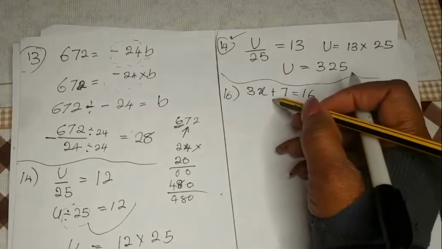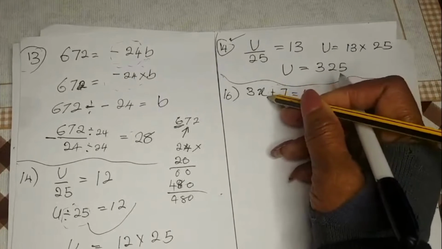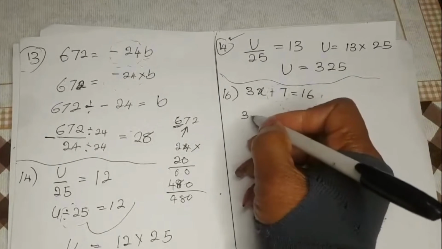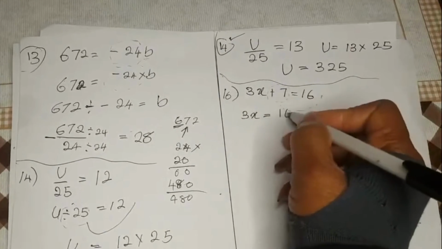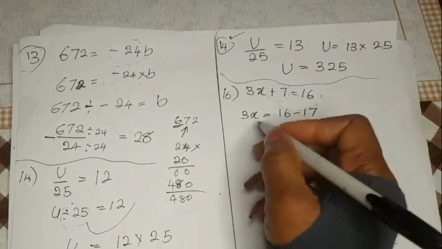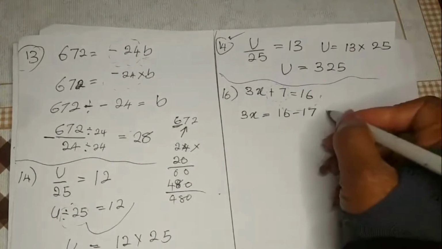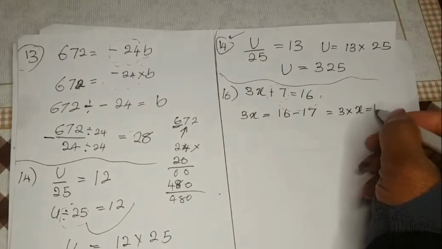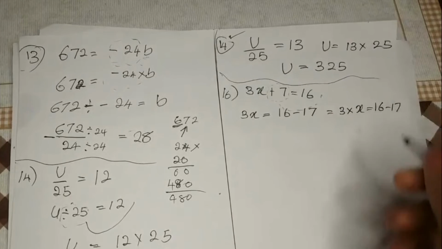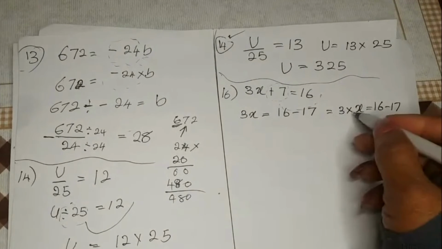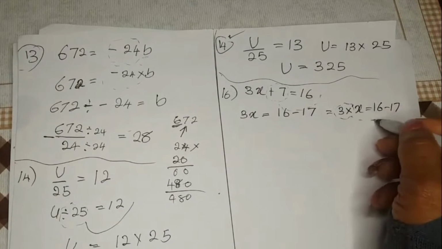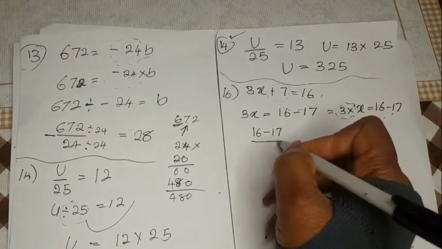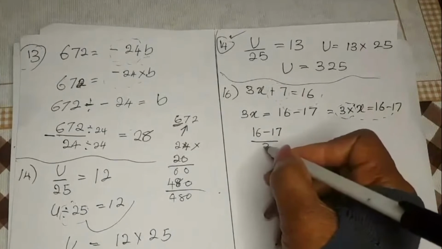Always move the one that is far away from it. So we're moving this whole thing over here. It's going to give you 3x equals 16 minus 7. So what is left here is 3 times x equals 16 minus 7. So we're going to move this 3 over here: 16 minus 7 over 3.